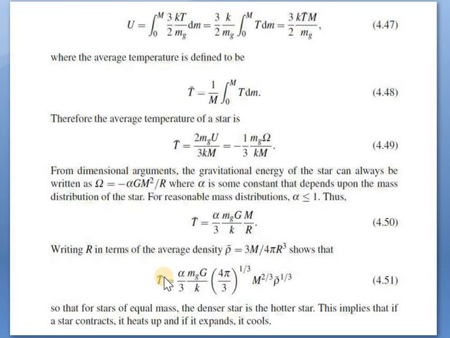This also means that if a star contracts, what will happen? Its density will increase and the temperature will also increase. And if it expands, its density will decrease and the temperature will also decrease.